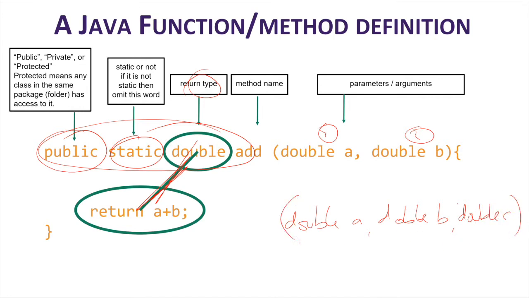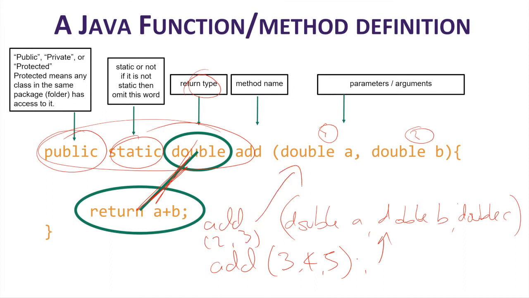So it has 3 parameters instead of 2, and that's perfectly feasible. And Java at compile time will, whenever I call that add method, if I pass in 3 numbers, automatically call this version. If I pass in 2 numbers, it'll call this version.